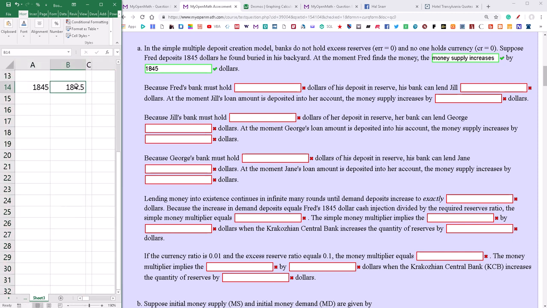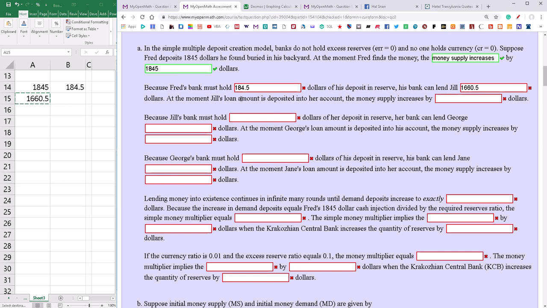Okay, so Fred's bank must hold $184.50 of his deposit in reserve. Now his bank can lend out this difference, right? His bank can lend out this difference, and that equals $1,660.50. And maybe they lend it to Joan or Jill.